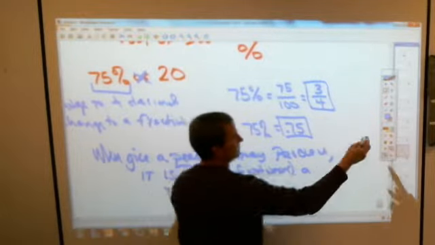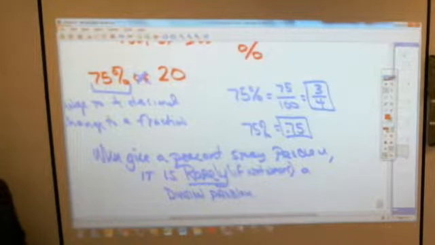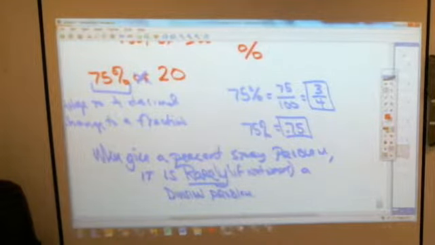Think about times that you use percent in the real world. Anybody? Well, if you got an 80% on your English test and there were 20 questions on it, how would you find out how many you got right? Let me tell you, you will not divide ever to find that answer. When you go to a restaurant and you're supposed to tip 20%, you will not ever divide to find that answer.